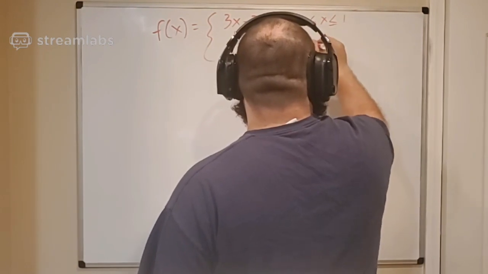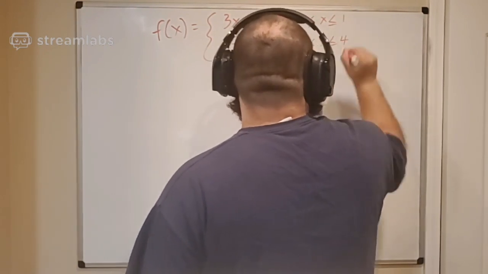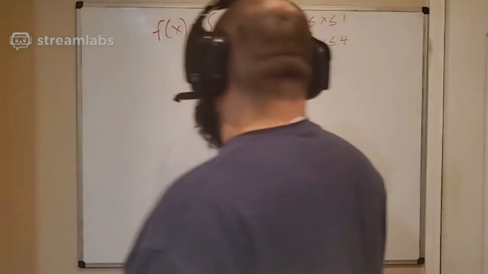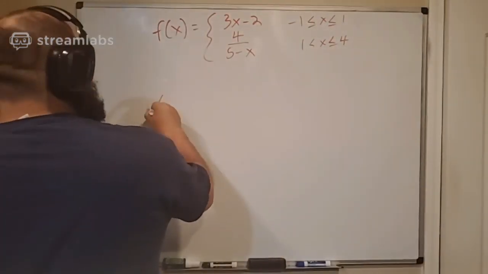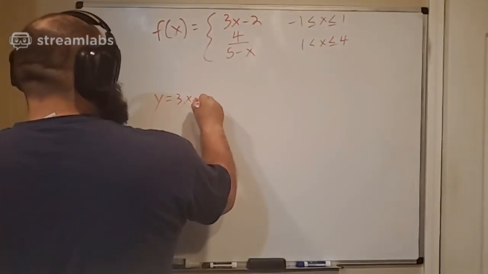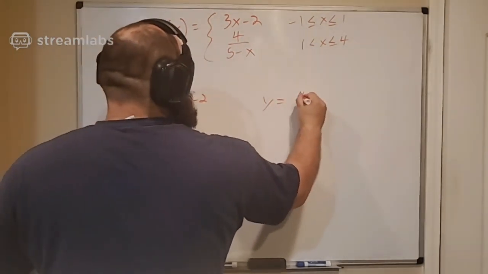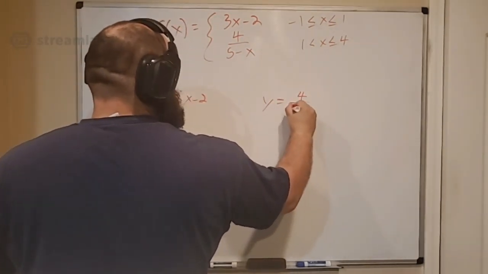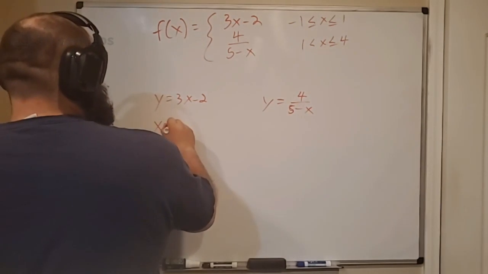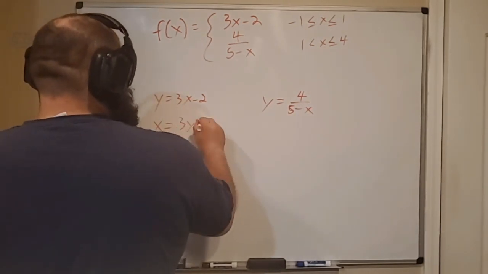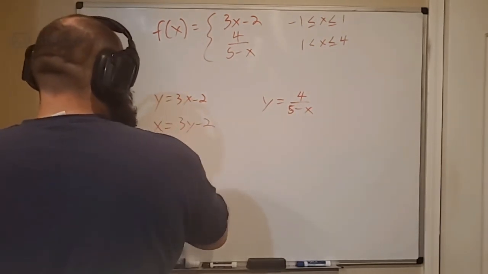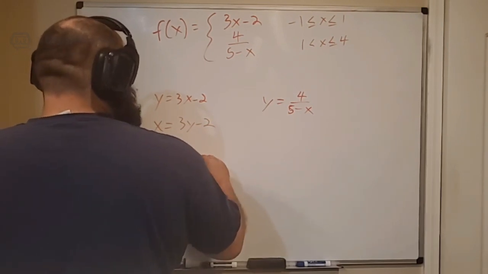Okay, so the first thing is find your inverse functions. So very easily, you get that y is equal to 3x minus 2, and y is equal to 4 over 5 minus x. So the first one's easy. You get x is equal to 3y minus 2, x plus 2 over 3 is equal to f inverse.